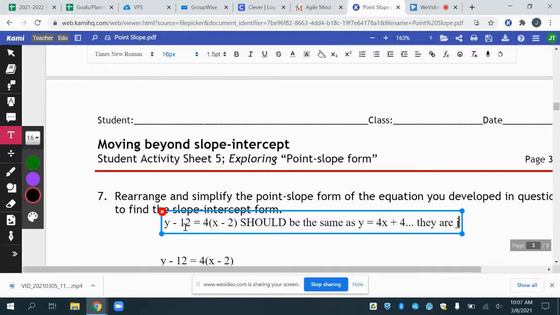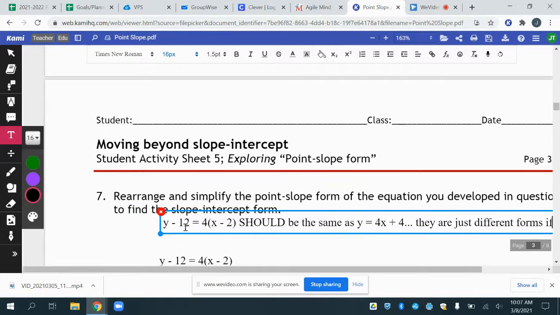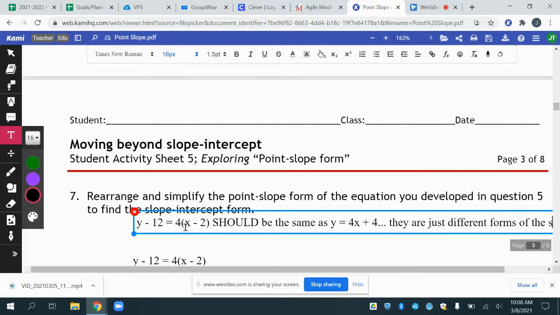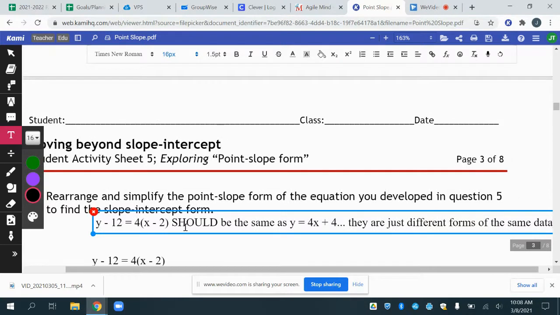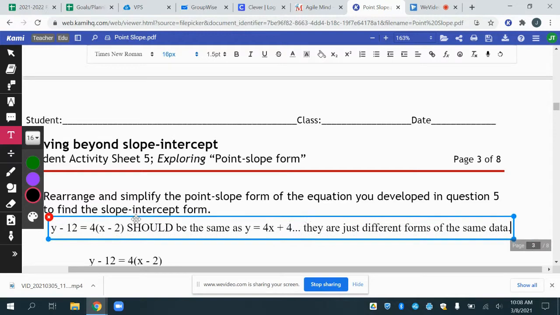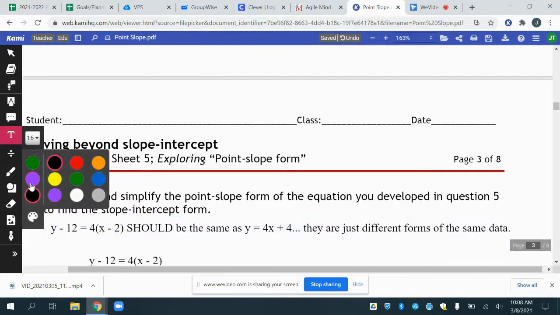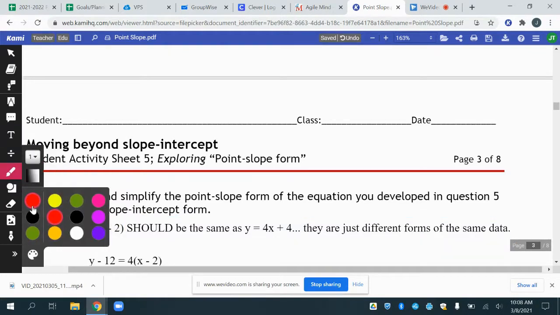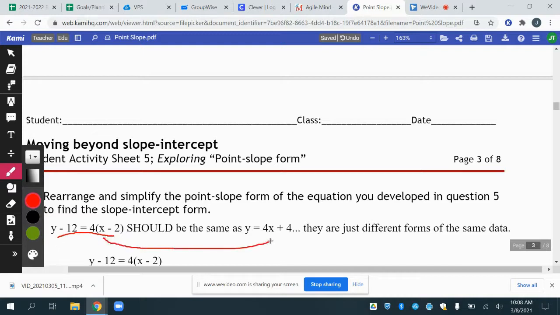They are just different forms of the same data. So what does that mean? That means that I should be able to turn one into the other. I'm going to take this guy and turn him into that using algebra. That's our goal here. That's what they're asking me to do.